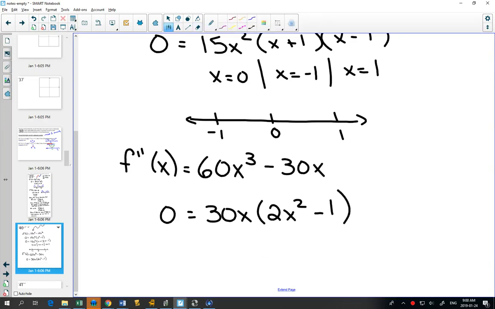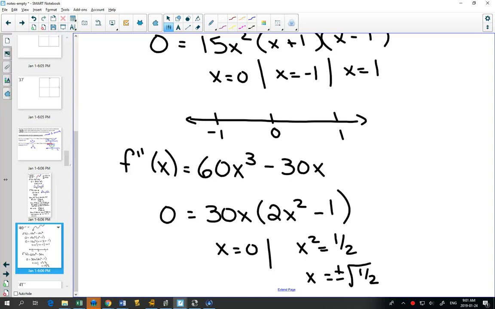Do you want to have some fun? This isn't a difference of squares, right? If you were solving this equal to 0, I'm guessing most of you would say this is equal to 0, so I'll move my 1 over and divide by 2 and get x squared equals 1/2, and then square root both sides to solve that. Do you think that's how you would probably do that?